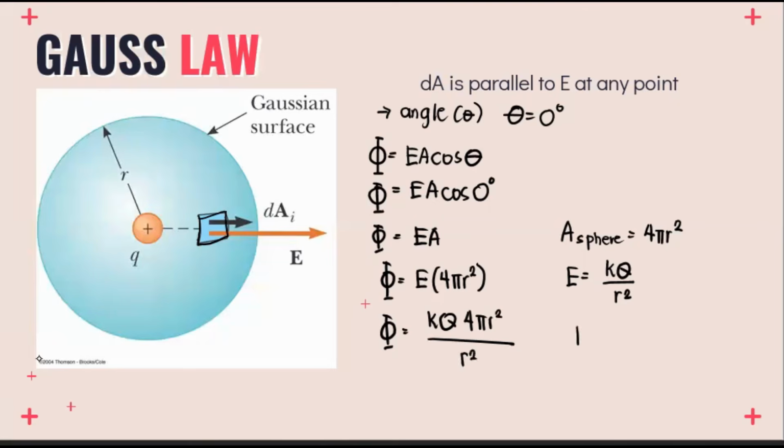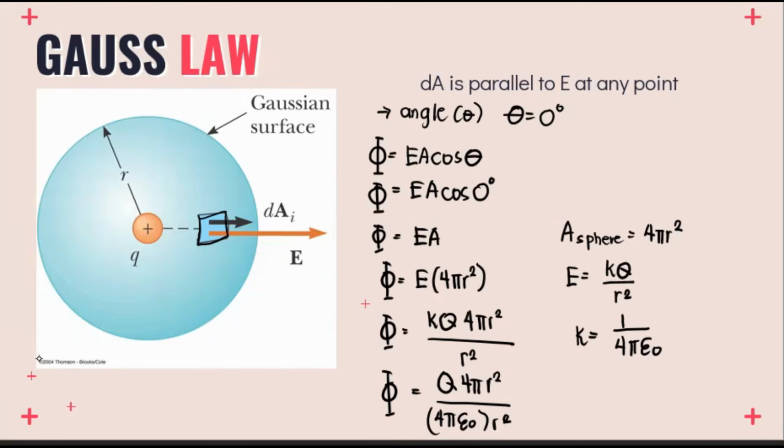As we all know, Coulomb's constant is equals to 1 over 4 pi epsilon naught. Okay? So, kung isa-substitute ulit natin yan, so, Q 4 pi r squared over 4 pi epsilon naught r squared.